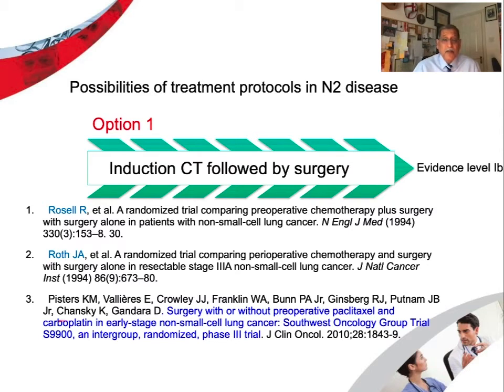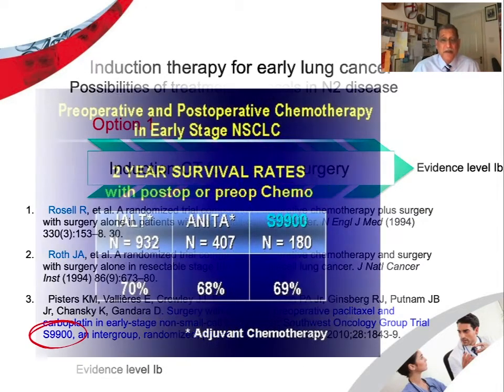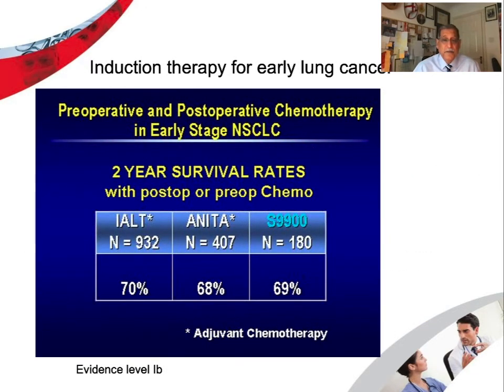The small number, around 60 patients before randomization, and possible bias in patients' choice were held against both studies. All patients in both studies had thoracotomy. The S9900 study from the Southwest Oncology Group in North America has also found evidence in favor of neoadjuvant chemotherapy.